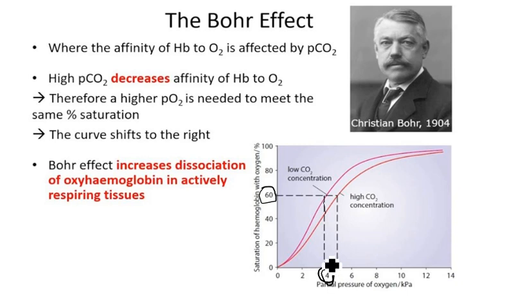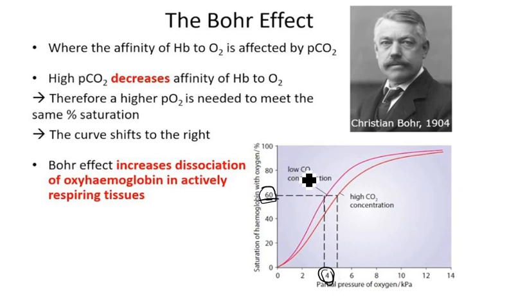Let's assume it's 4, meaning that where there is low carbon dioxide, the partial pressure of oxygen required to meet this threshold of 60 will be 4.